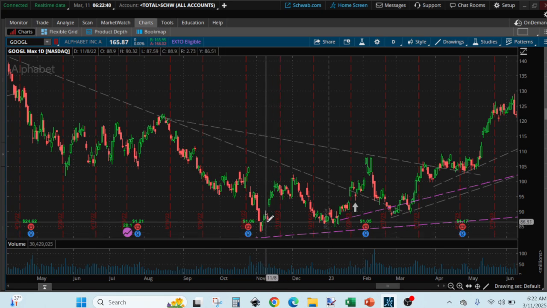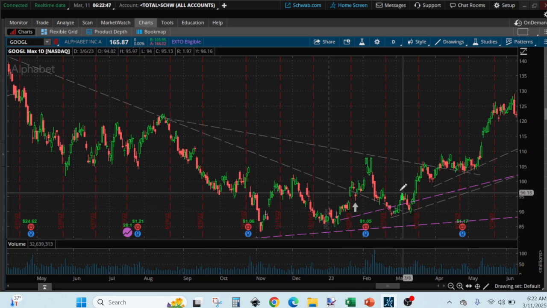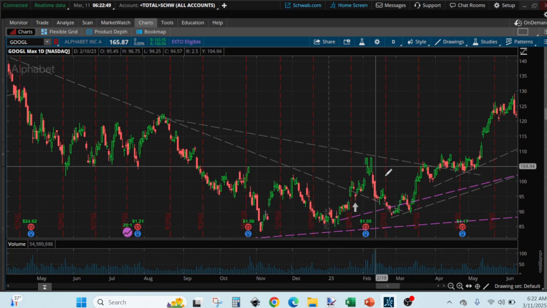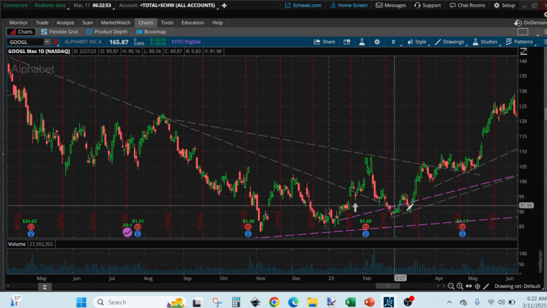Let me see the price here and the price here. Yeah, this is a little bit higher here, and it started going up, but came back a few times though around that area.